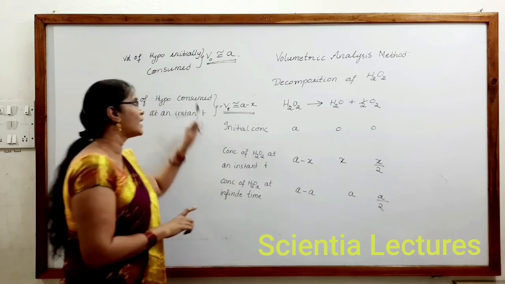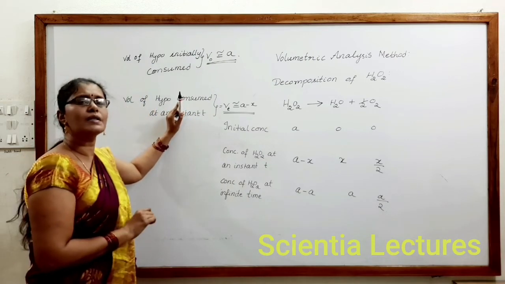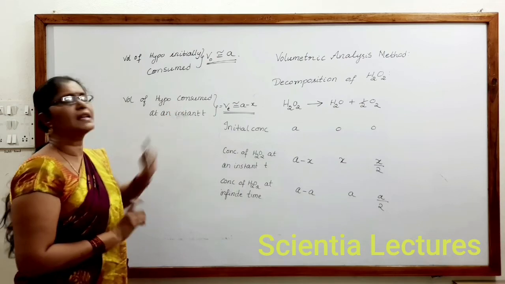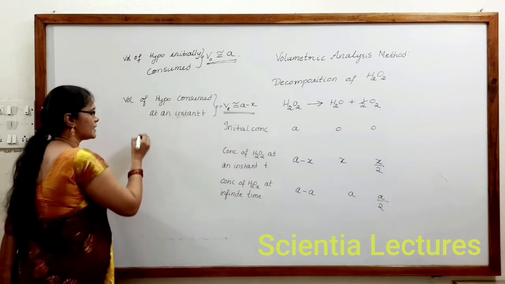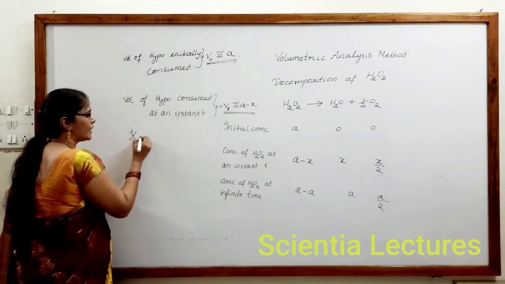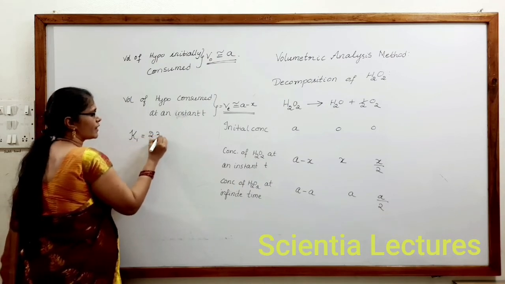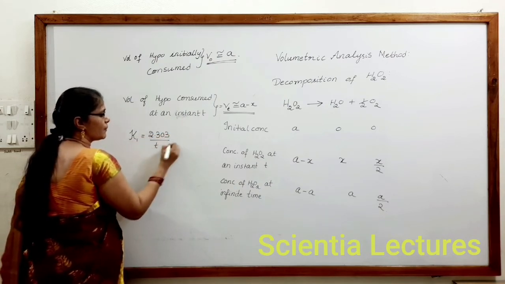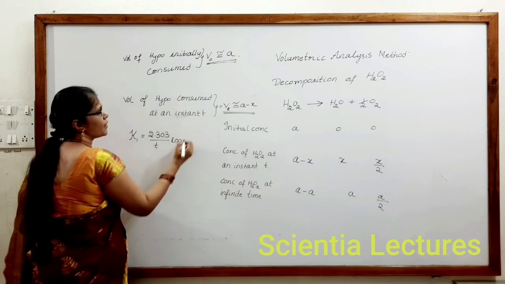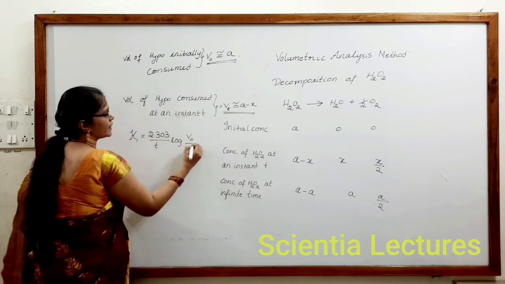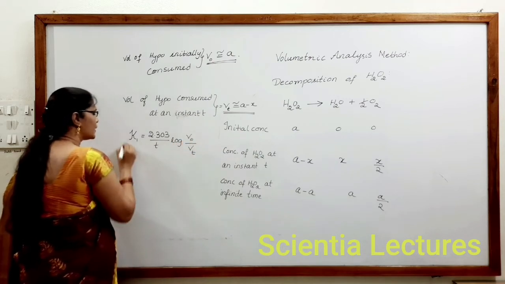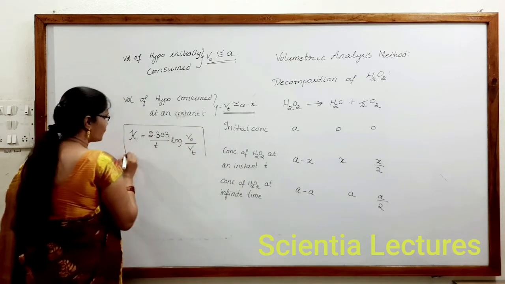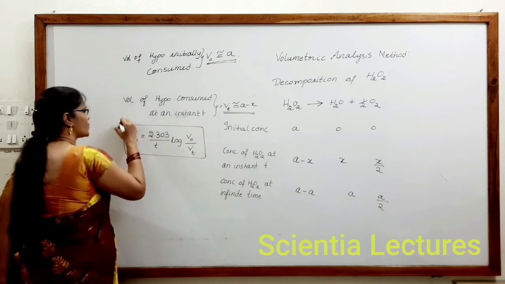You should analyze that V0 is equivalent to A and Vt is equivalent to A minus X, and take the rate constant K1 equal to 2.303 by T log of, instead of A by A minus X, we can write directly V0 by Vt. It all depends on the information given in the question.